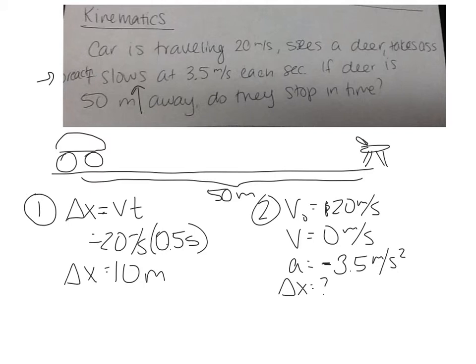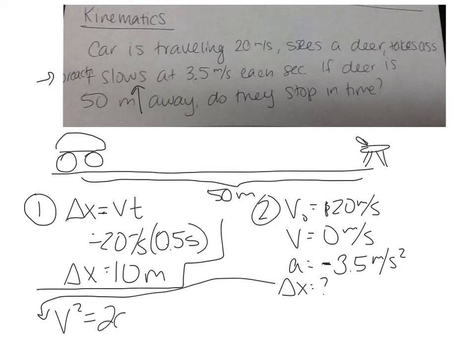So for this one, I'm going to use my equation, and I'm actually going to go over here to solve this. So let's draw a line here, right here. V squared equals 2a delta x plus v naught squared.